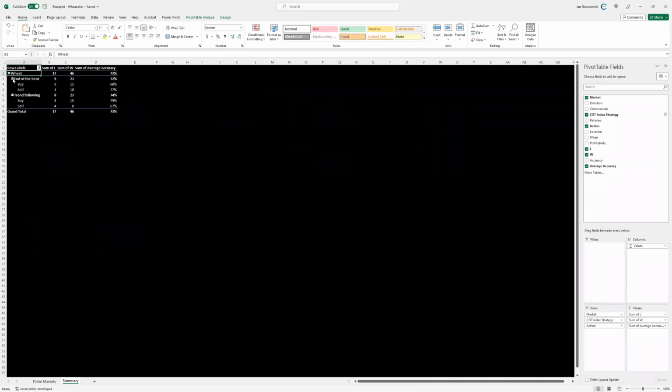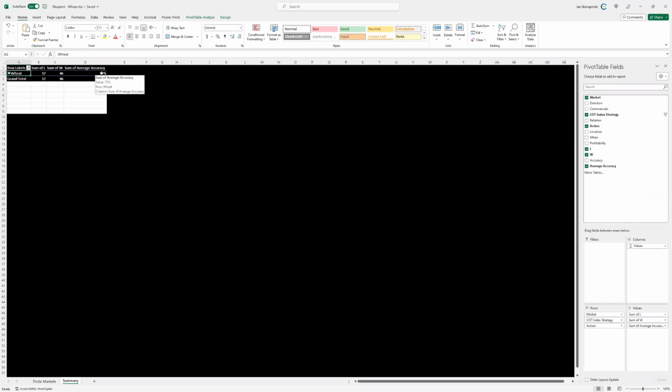You want to see the end of the band split without the buy or the sell, or you want to see the trend following, regardless of buying or selling, or you just want to see wheat, in terms of all the losers versus the winners on all the strategies, and you want to see the total accuracy.